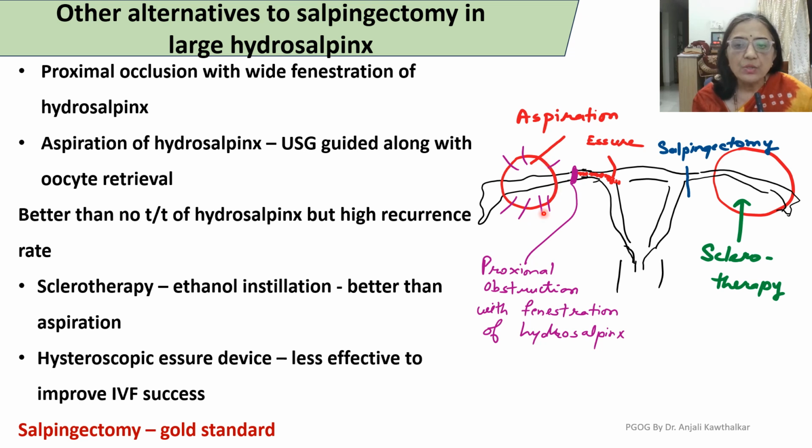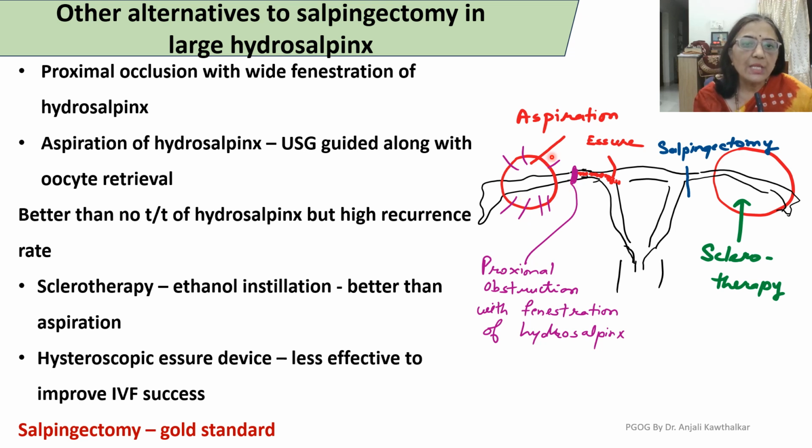Pain can be there. So multiple incisions are given over the hydrosalpinx so that the secretion drains into the peritoneal cavity. Previously it was draining through the uterine cavity, and now we are blocking it, and that is the reason fenestration of the hydrosalpinx is recommended along with this proximal tubal obstruction.